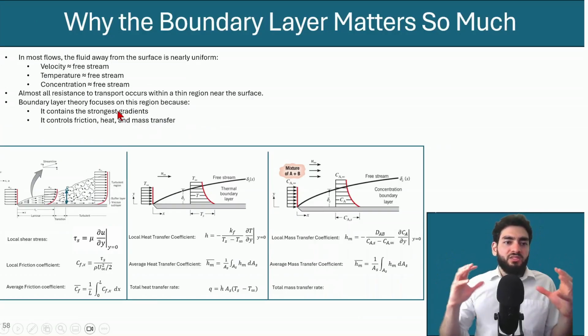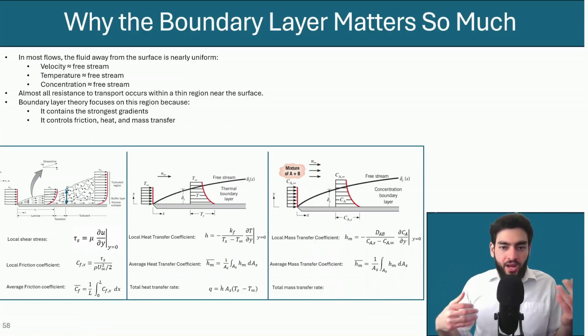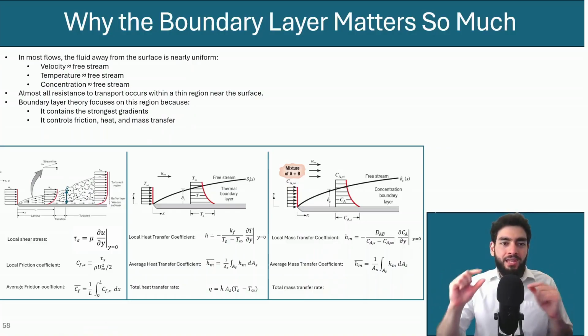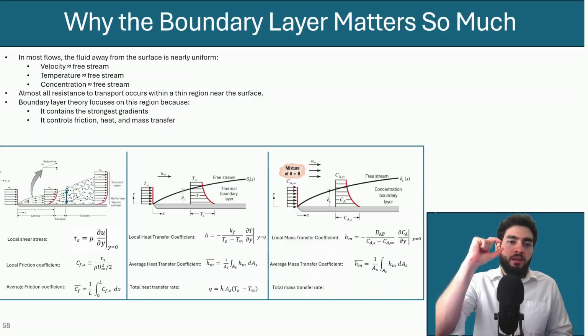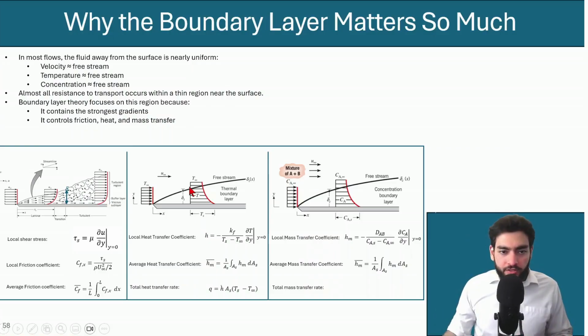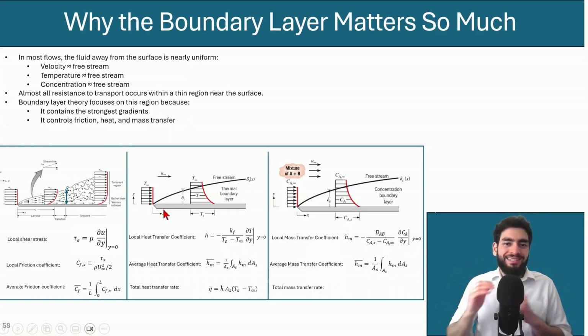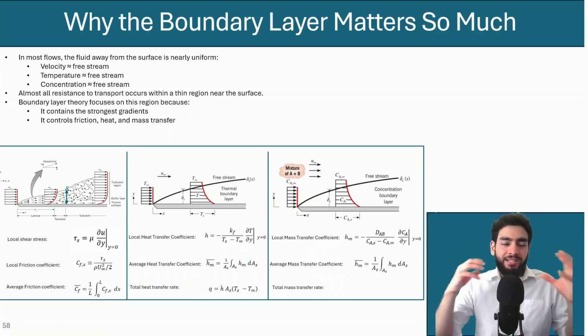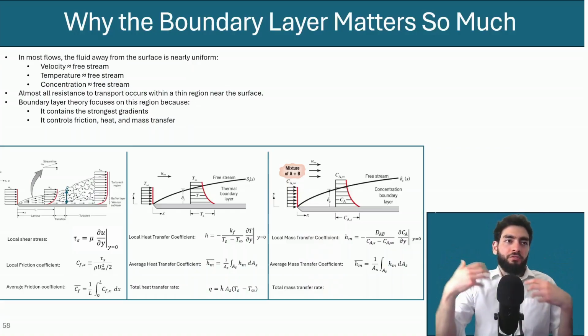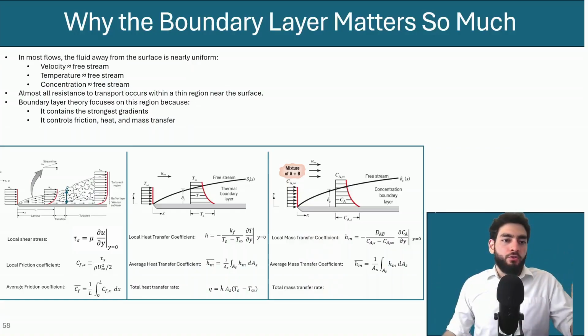And so almost all resistances to transport occur within this thin region near the surface. And so boundary layer theory focuses on this region because it contains the strong gradients that we need to study, which essentially control the friction, the heat, and the mass transfer.